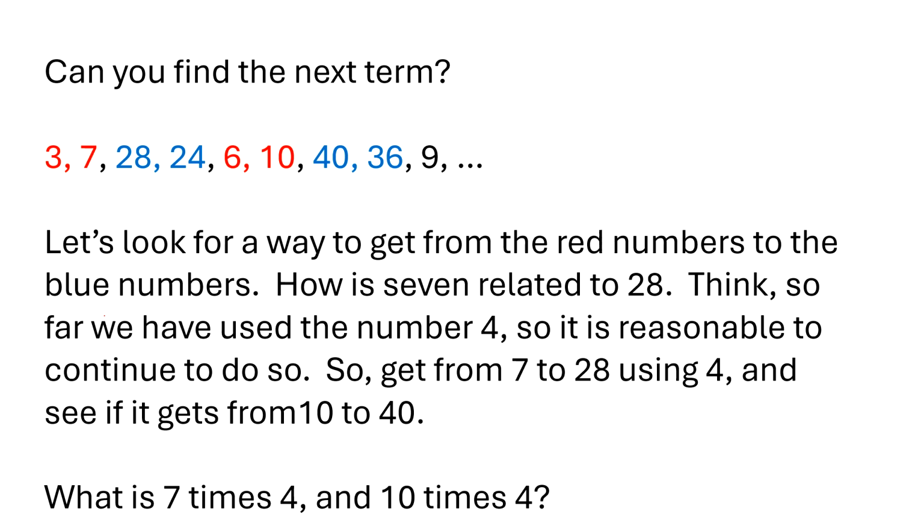So we now know that we can get from the reds to the blues by multiplying by the same number. So this sequence seems to key on the number 4. So we add, multiply, do something, and subtract. Well, we've got to figure out what the do something is.